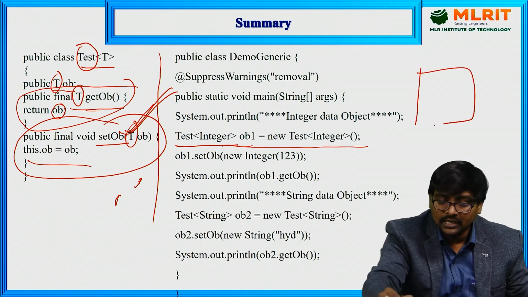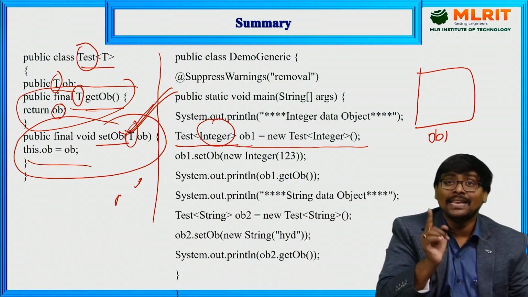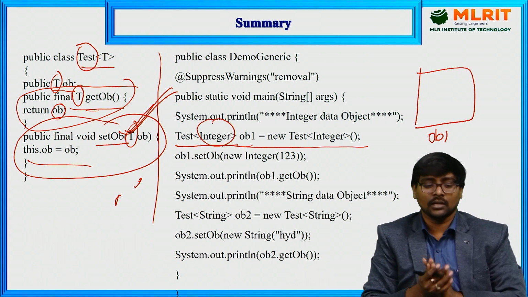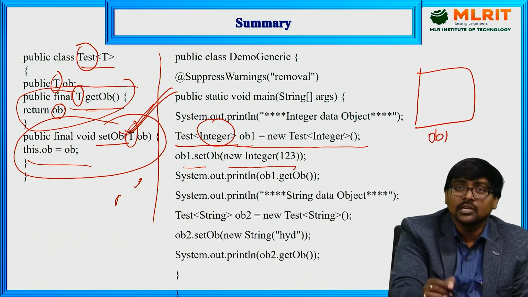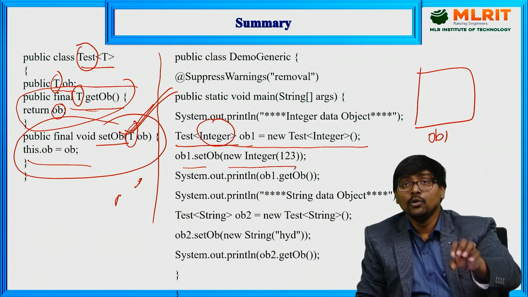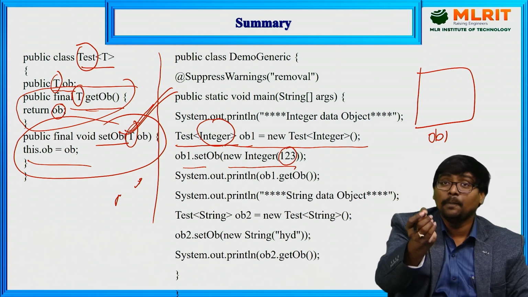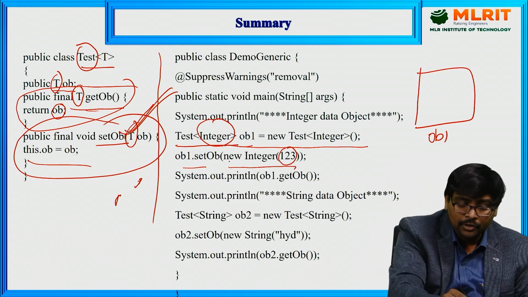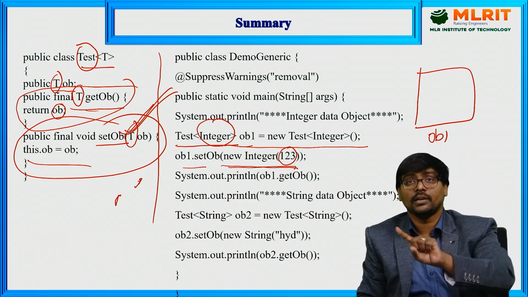One object is created which will hold only integer information. So I am calling the method new Integer. I think you know that one. The wrapper class concept is already completed. How do you pass the value? 123 is a normal primitive data type. new Integer(123) is an object.